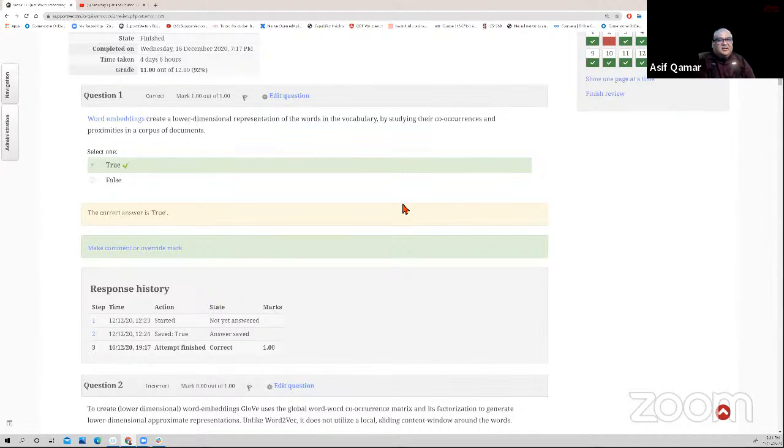It is some logical unit of words, combination of words is a sentence. So that is a distinction to bear in mind to distinguish the words that we use in NLP and how they are subtly different from the use of the same words in colloquial usage. So now, is this statement true? The word embeddings create a lower dimensional representation. Yes, it is true.